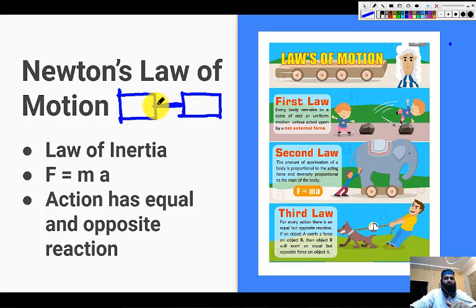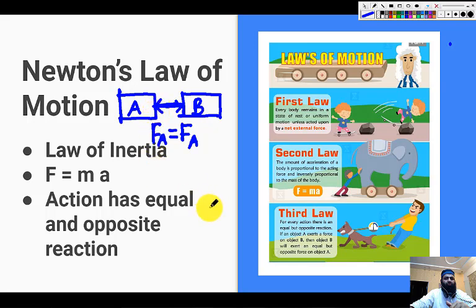Object A is pulling object B with the force Fa, and B is pulling with Fb, and this basically means that the force applied on A by B is equal to the force applied on B by A.